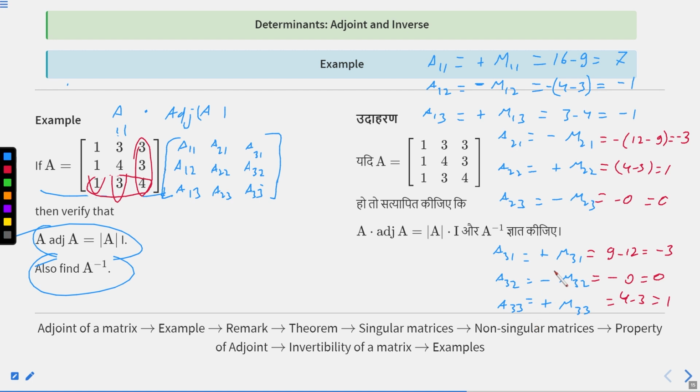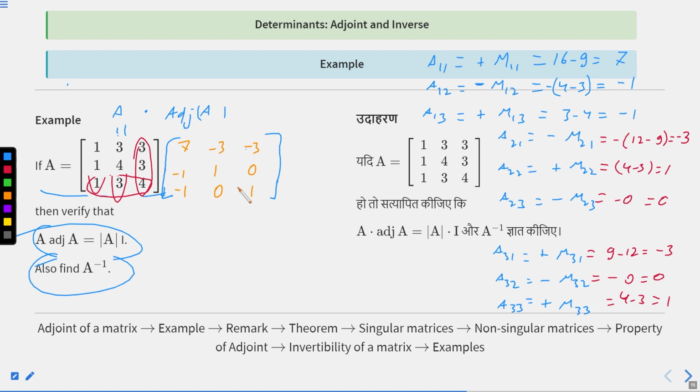Simple. Now put the respective values. You will have A11 as 7, A12 and A13 both minus 1. Now A21 minus 3, 1, 0, and A31 minus 3, 0 and 1. Easy.